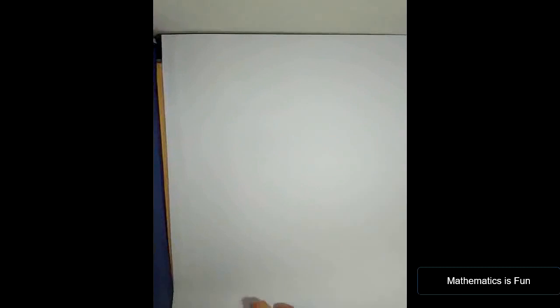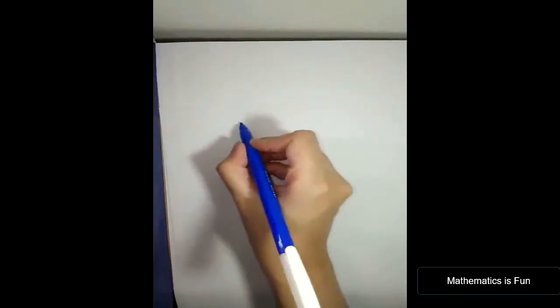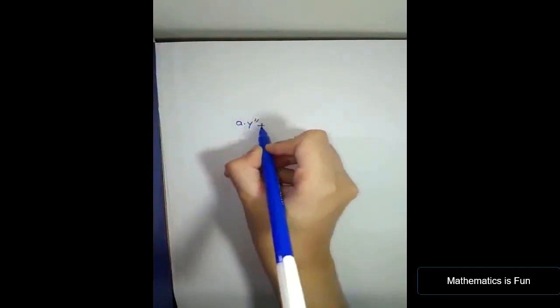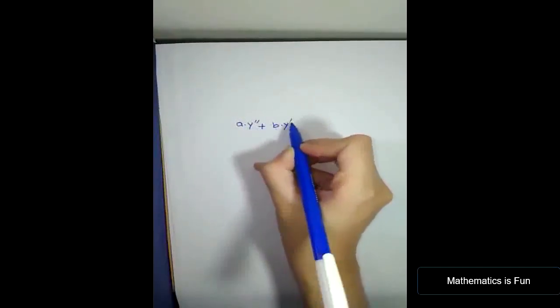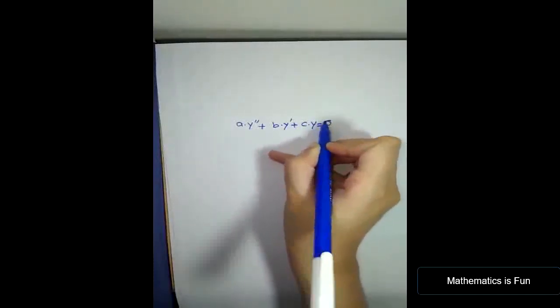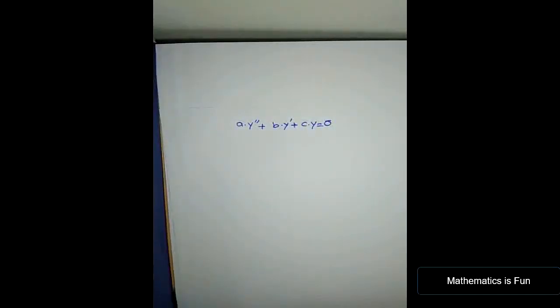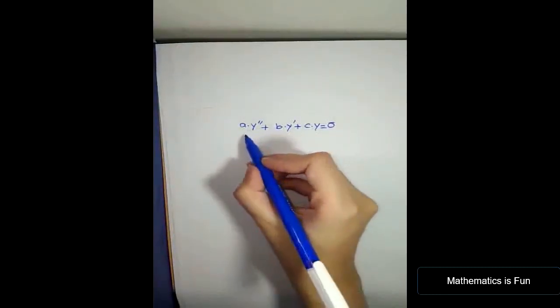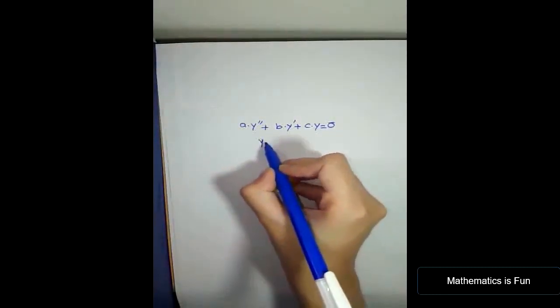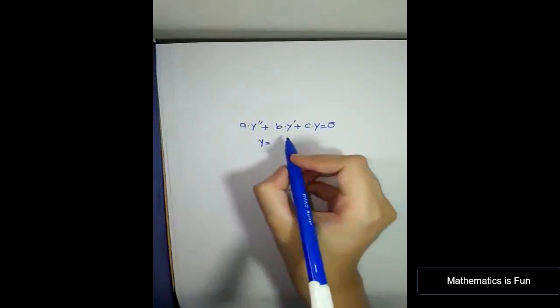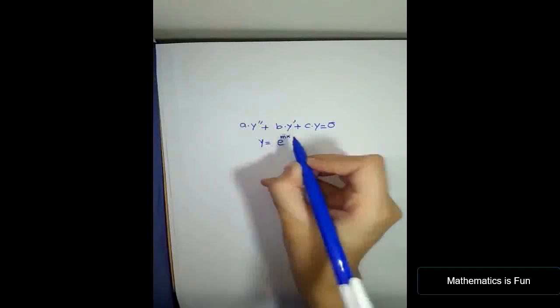So in the last page we have generalized that all the solutions are of the type of exponential functions. So if we have a second order differential equation, I'm writing it again, that is a into y double dash plus b into y dash plus c into y equals to 0, then the solution should be y equals to e to the power some exponential function.